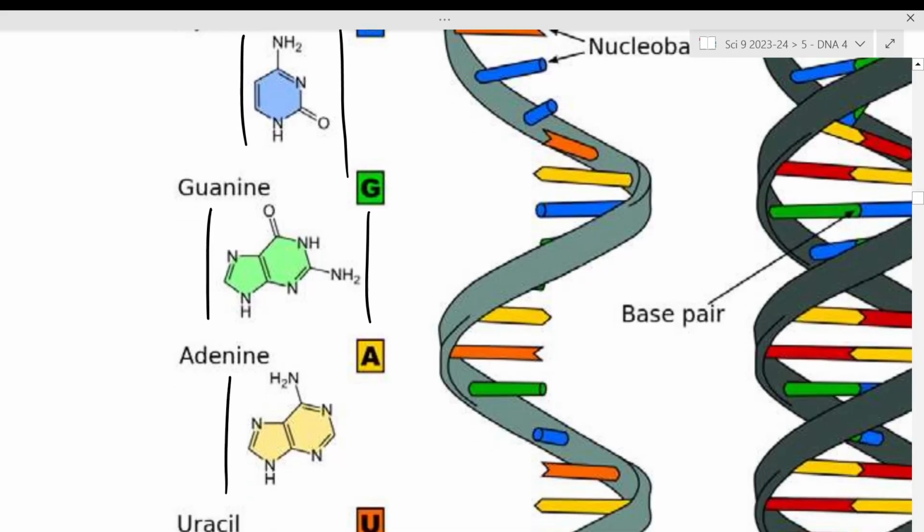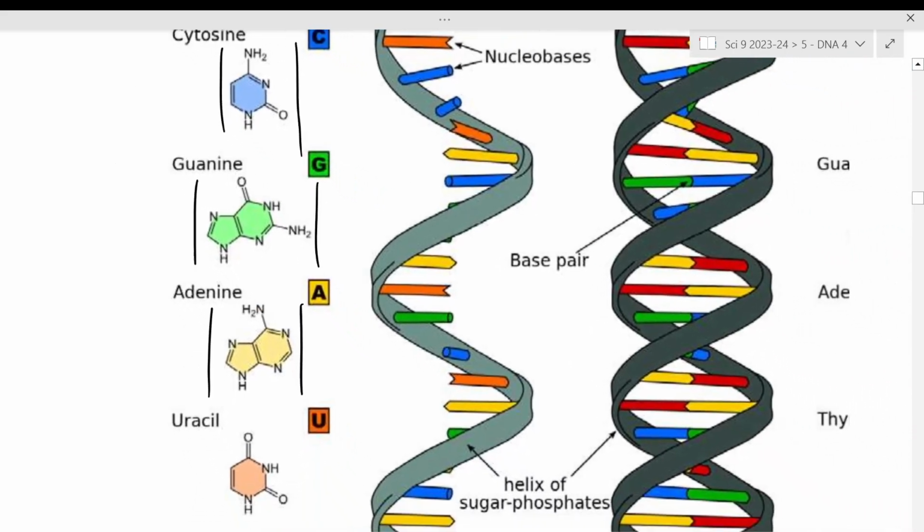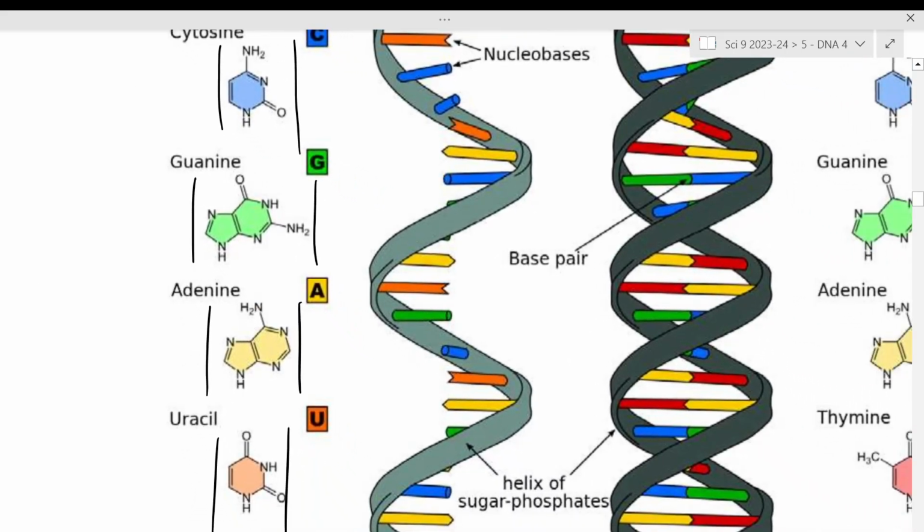Adenine is a longer molecule and uracil is a shorter molecule, which means that when they pair up, adenine, a longer base, pairs up with uracil, a shorter base. Then cytosine, a shorter base, pairs up with guanine, a longer base.